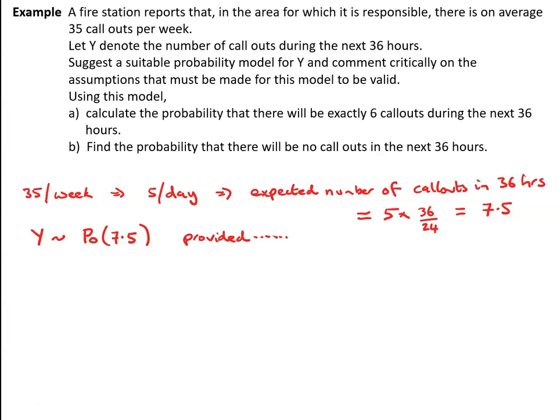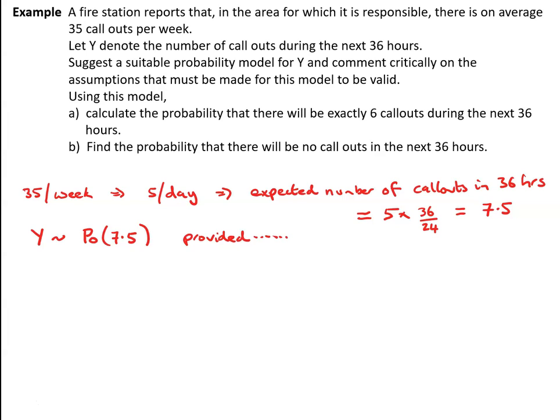Now, if that's going to be the case, then we need call-outs to happen one at a time. Well, it's possible, unlikely, but it's possible that you may have more than one incident at the same time. They need to happen independently of each other, and they need to happen at an average rate of 5 call-outs per day.